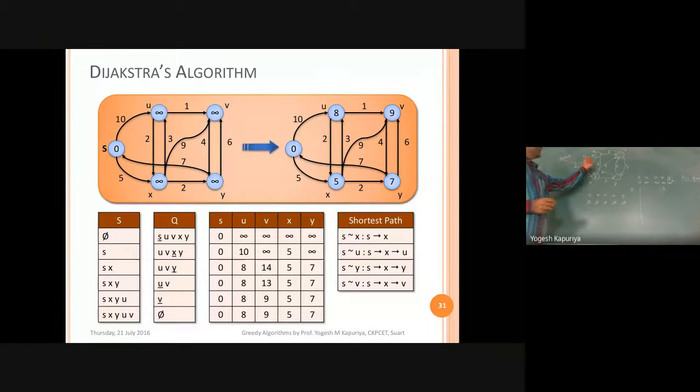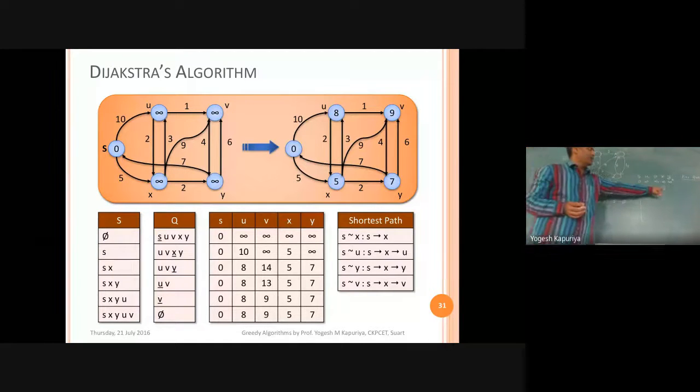Now I am relaxing this edge, so that means the parent of X will be changed to S. And similarly, the distance of X will be changed to 5. Then other outgoing edges, S to U. This is infinity right now.